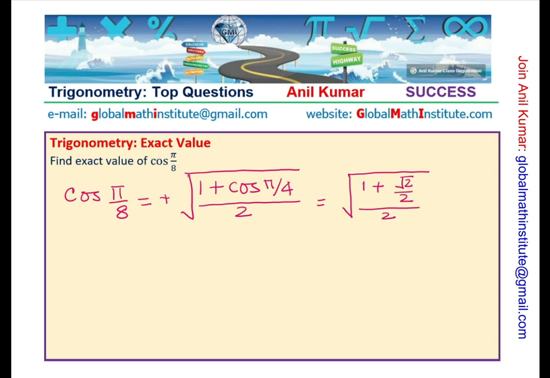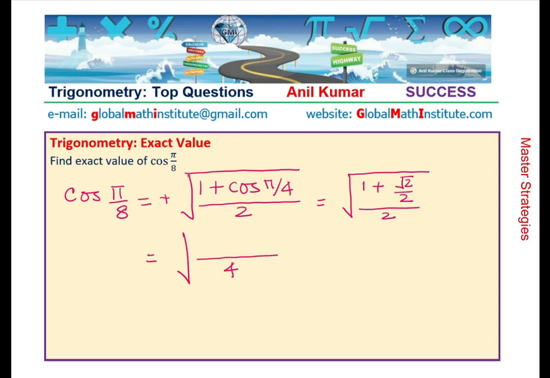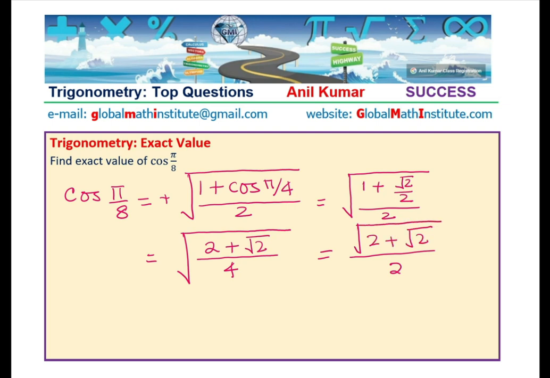Taking 2 as a common denominator, we can write this as the square root of (2 plus square root 2) over 4. And the square root of 4 is, as you know, 2. So we get the answer, which is square root of (2 plus square root 2) over 2. So that becomes the exact value of cos pi by 8.